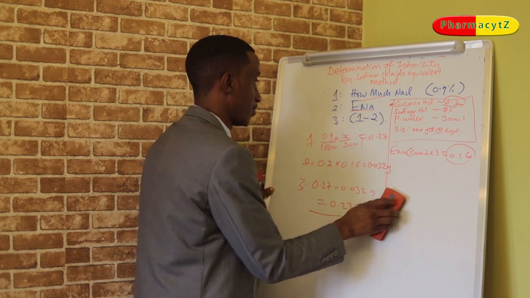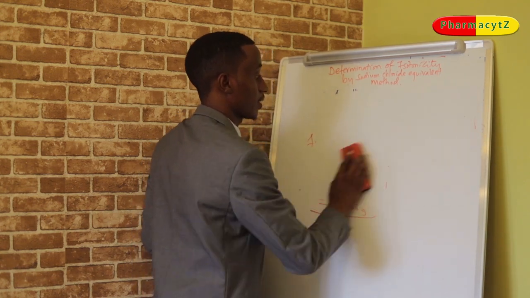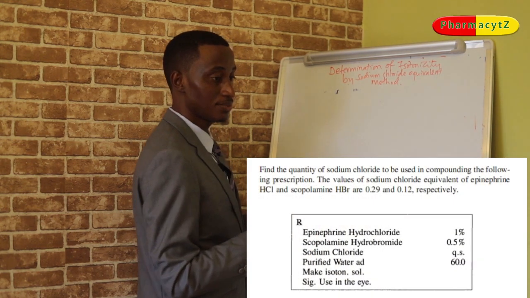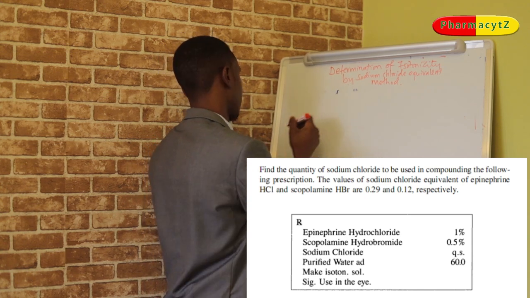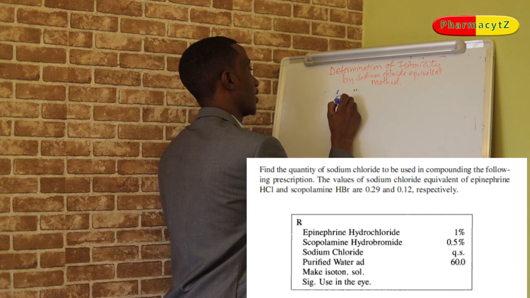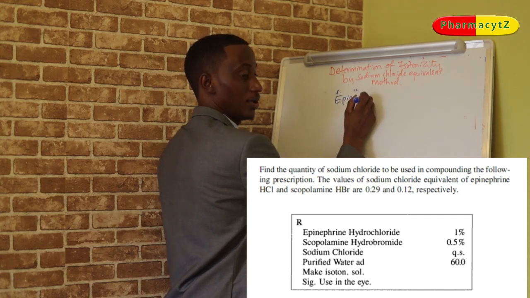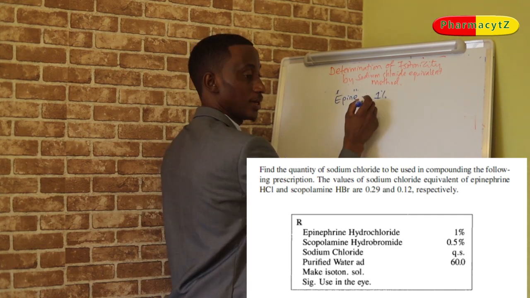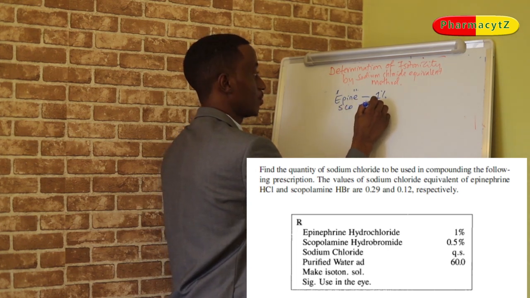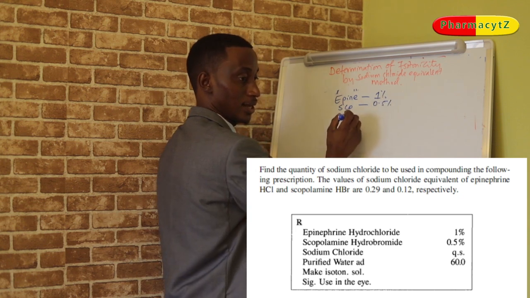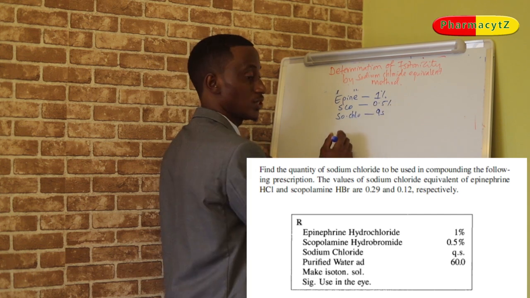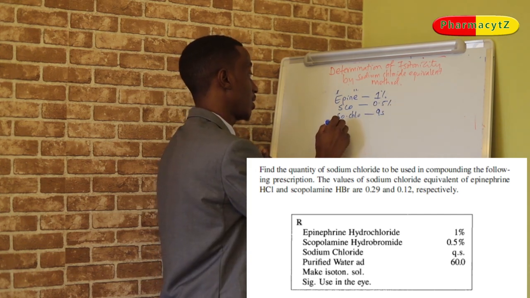So let's check this example. Suppose you are compounding this prescription: you have epinephrine solution 1%, then scopolamine 0.5%, then sodium chloride in sufficient quantity, which you are going to calculate.